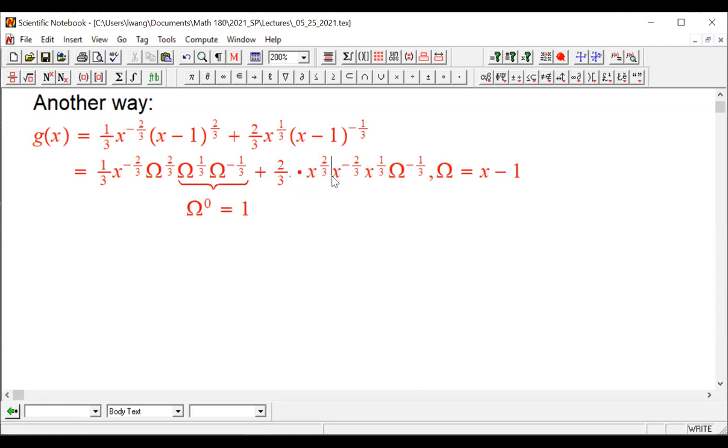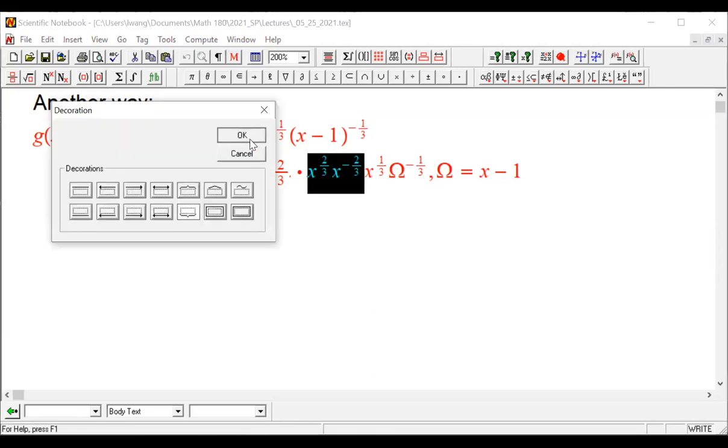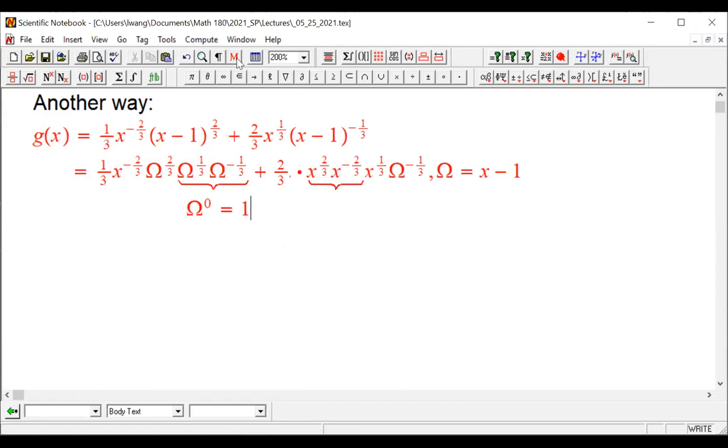This piece, once again, is 1. How is it 1?